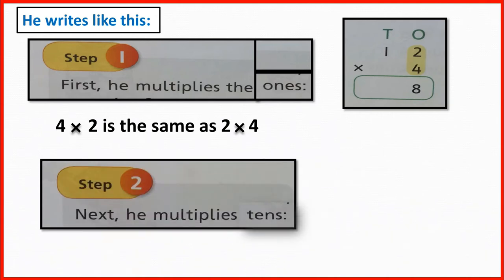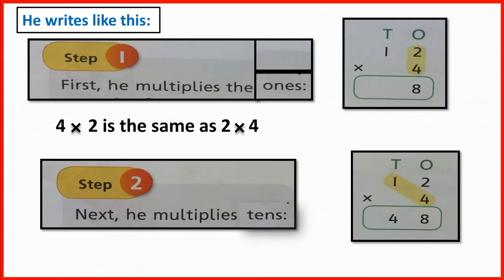He multiplies tens. 4 1s are 4. 4 1s are 4 is the same as 1 4 is 4. That means Adil has 48 dots altogether. Remember that multiplication is simple and quick, but you must know your tables.